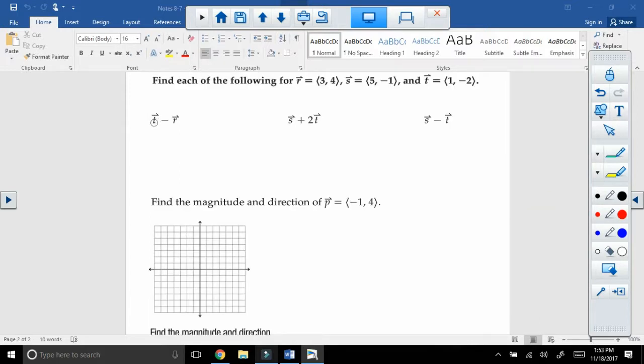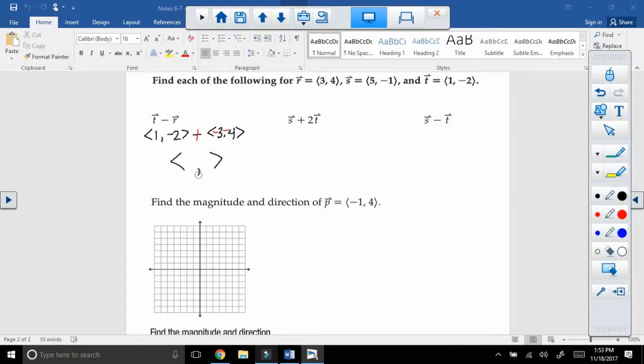So for this one here, we want to take vector t minus vector r. So I would write out vector t is 1, -2, meaning it's going right 1 and down 2. And then I'm going to subtract from that all of vector r, which is 3, 4. You just have to remember here that when you subtract, you really add the opposite. So I would go ahead and just change that and then add these up.